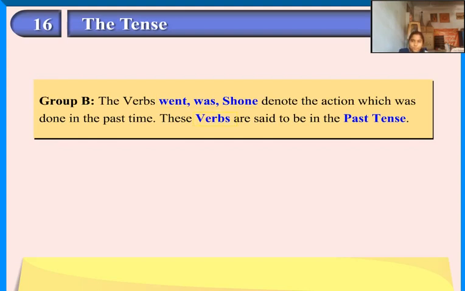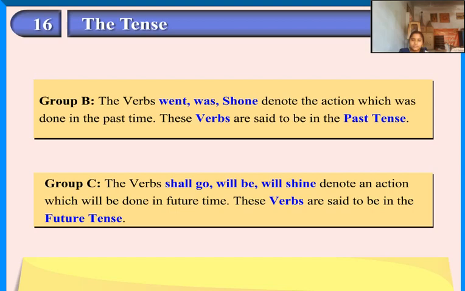These verbs are said to be in the past tense. Group C. The verbs shall go, will be, will shine denote an action which will be done in future time. These verbs are said to be in the future tense.